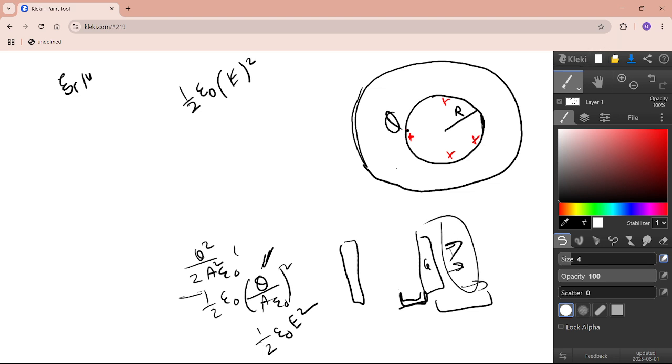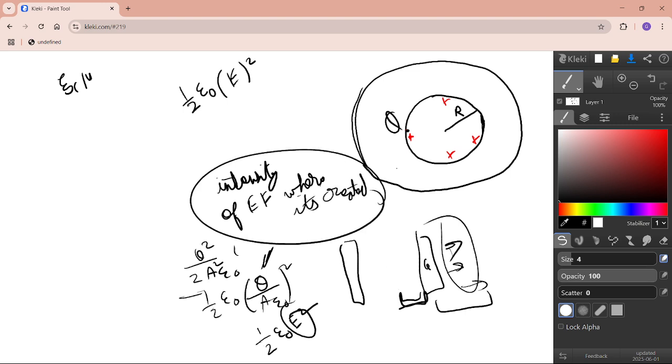In other words, you can say it's the electric field due to the capacitor or due to the conductors in between them, where the energy is being created. So E is the intensity of the electric field where it is created. Let me write that down. Even I have learned this just now. It could be wrong.